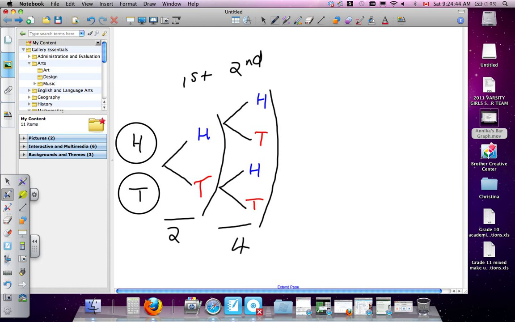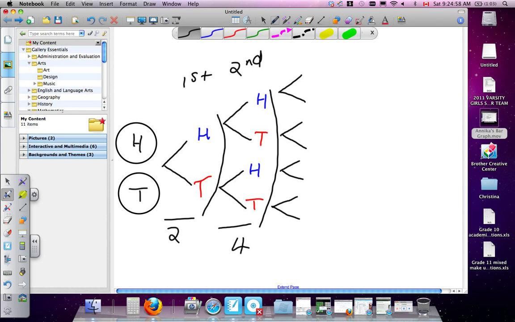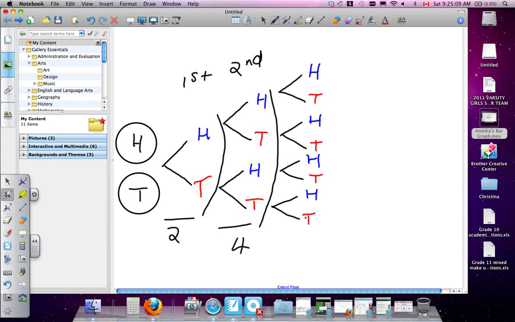So from this heads, we have heads, tails, heads, tails, heads, tails, heads, tails, right? So this is now our third option. How many options do we have in our third? 8.